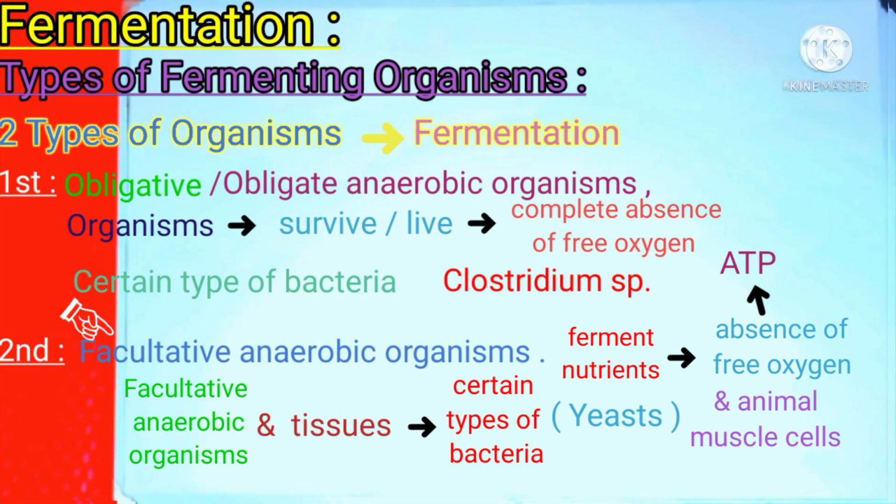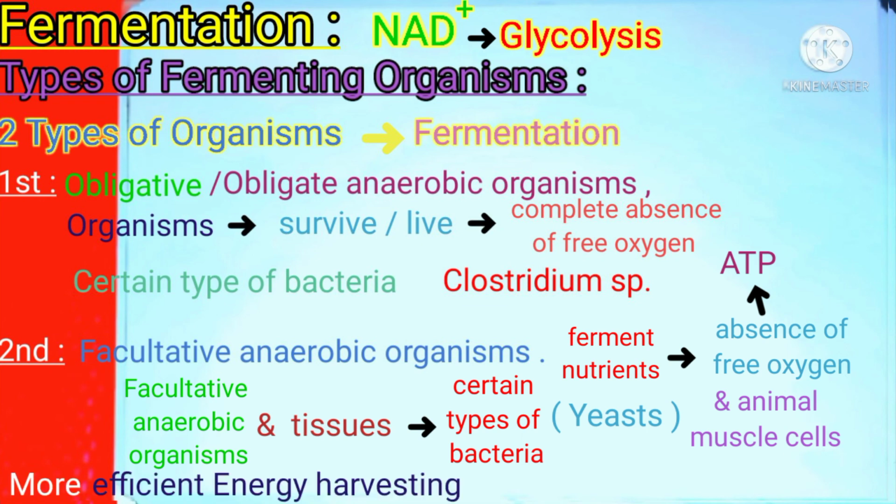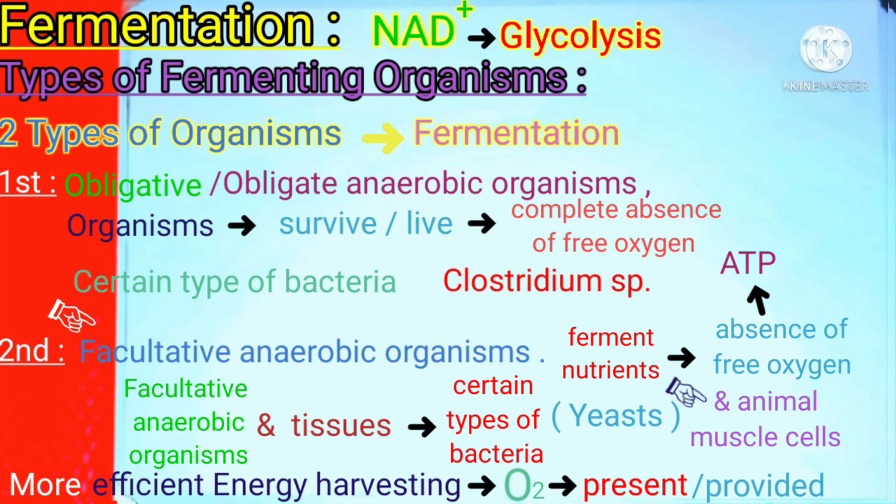This process also provides NAD+ for glycolysis. Facultative anaerobic organisms and tissues can harvest energy more efficiently when oxygen is present. So we can say that facultative anaerobic organisms can ferment nutrients not only in the absence of free oxygen but also in the presence of free oxygen.